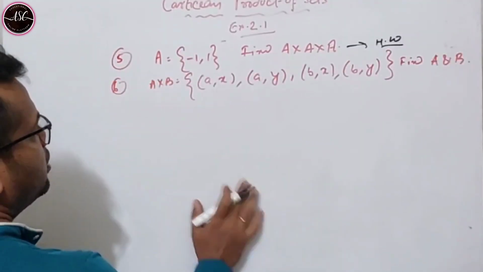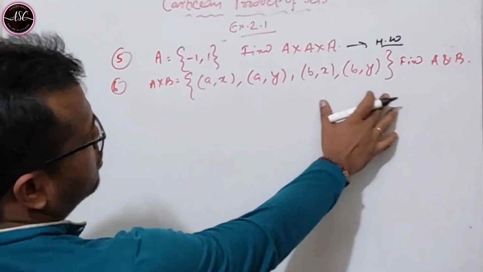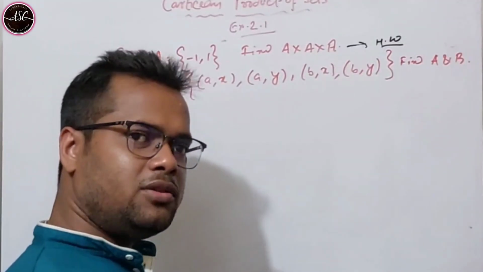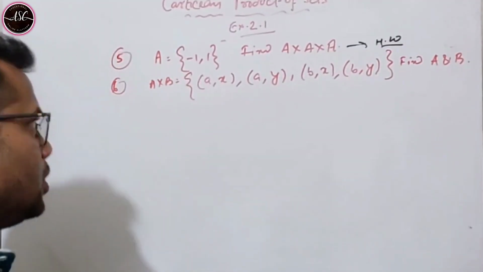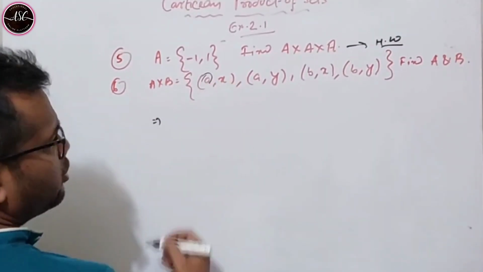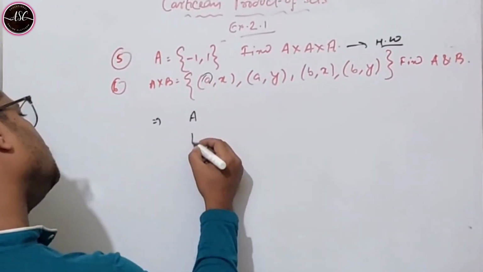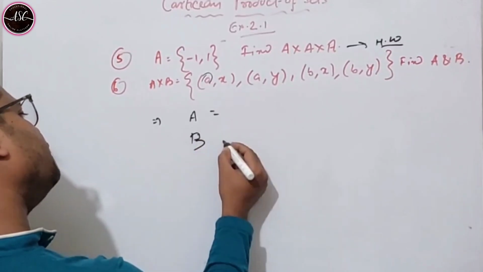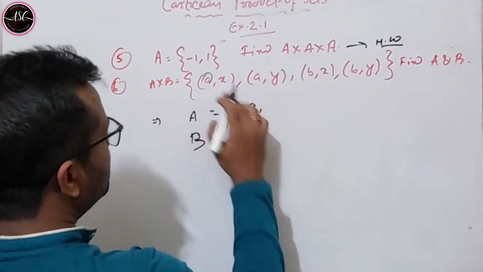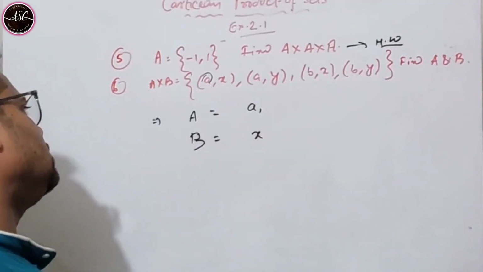Let's look at this question. A cross B is given like this, and we have to find A and B. In the exercise, we have done this type of question. Now I am doing this question. Here, the first element of A is a. Now write a and b. So this is the first element of A, and this is the first element of B, x.